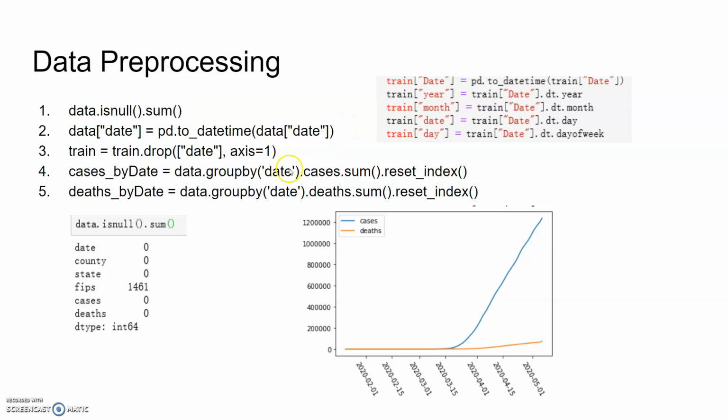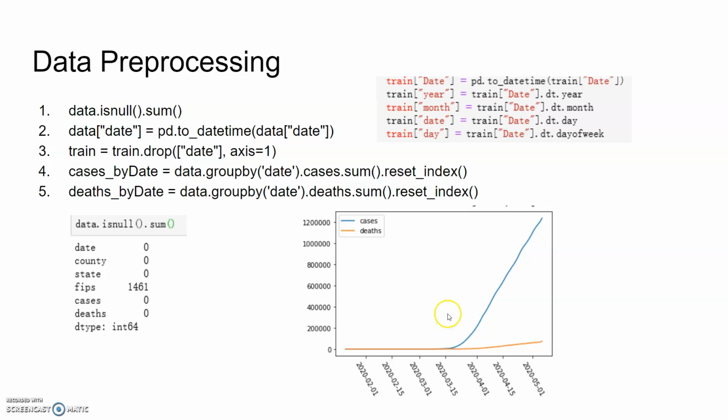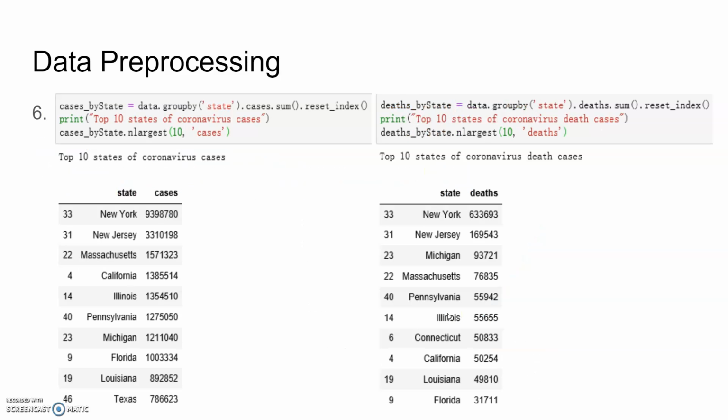Fourth, we group by the date of the cases and group by the date of the deaths to draw the graph of cases and deaths with the time series graph. And six, we group by the state of cases and the deaths to get the top 10 states of coronavirus cases and the top 10 states of the coronavirus death cases.